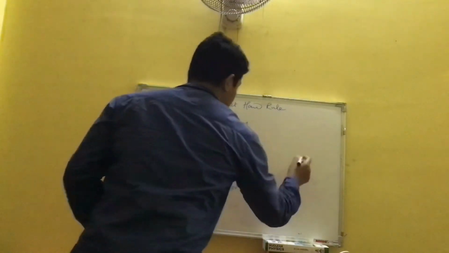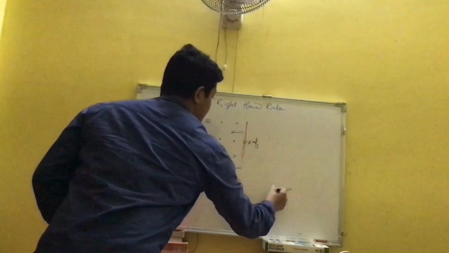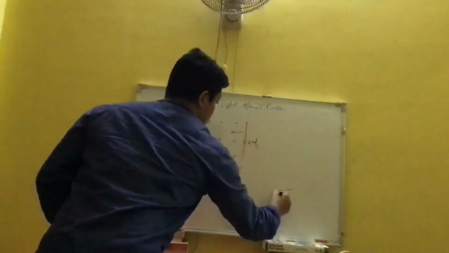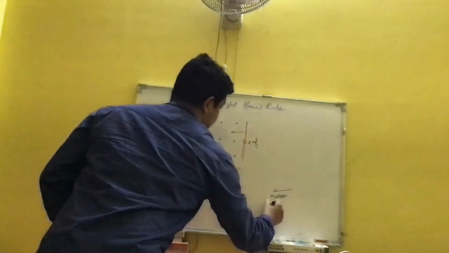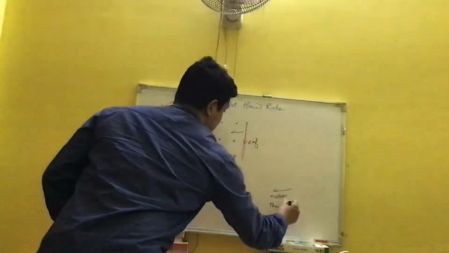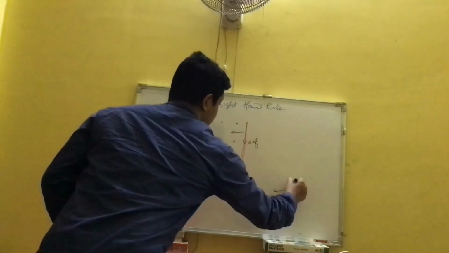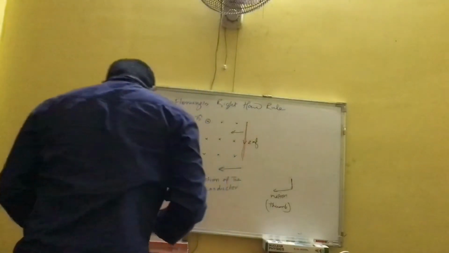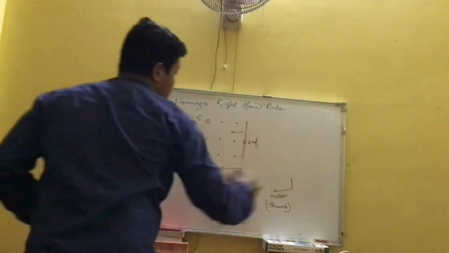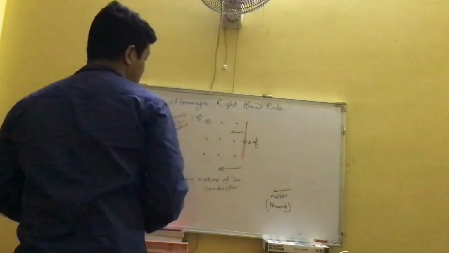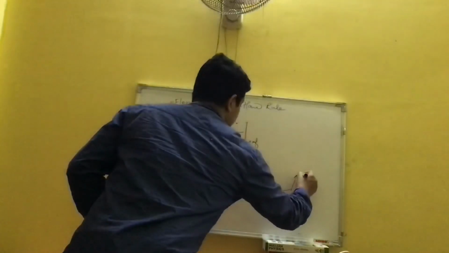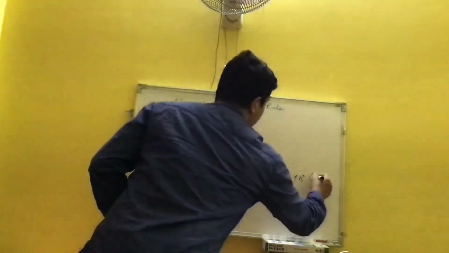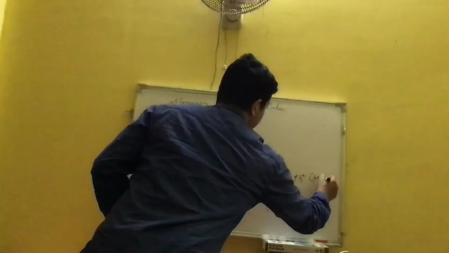Here you see, let me show you. This is the direction of motion, represented by the thumb. Into the board is the direction of magnetic field, pointed by the first finger.